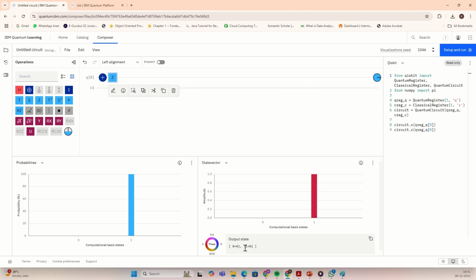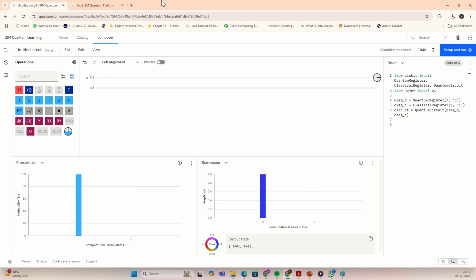So I am getting minus 1 plus 0j. Understood? So this is the practical representation of how the gates operate. I hope you have understood how these gates operate. Now we will move forward to our next gate.